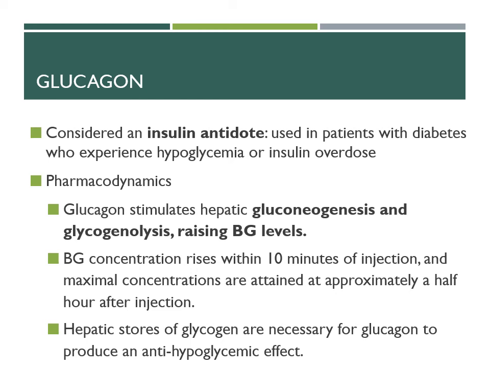Of course, they also need to understand how to treat less severe hypoglycemia with food intake. Blood glucose concentration can rise within 10 minutes of injection, and after half an hour, maximal concentrations are attained.